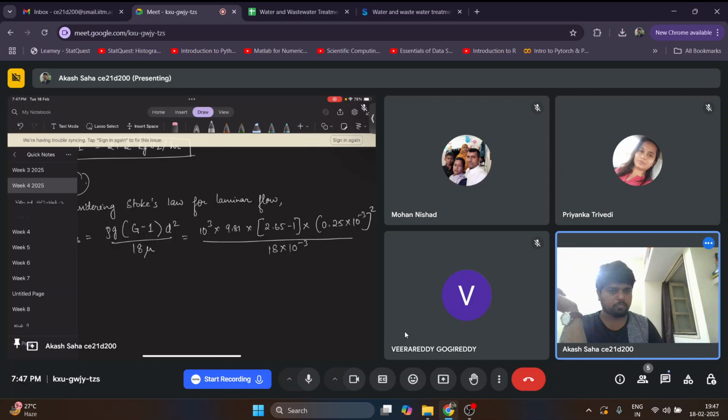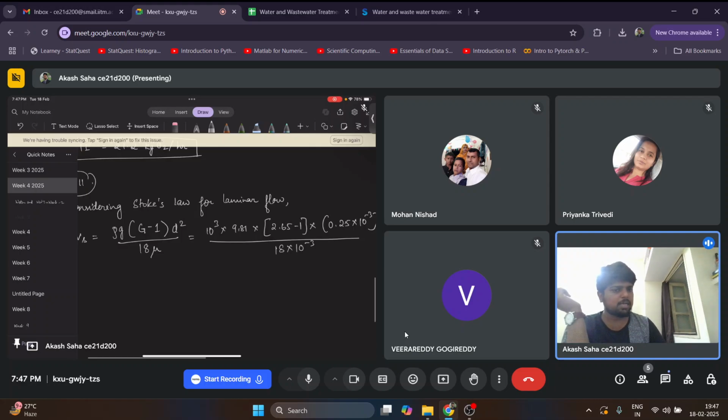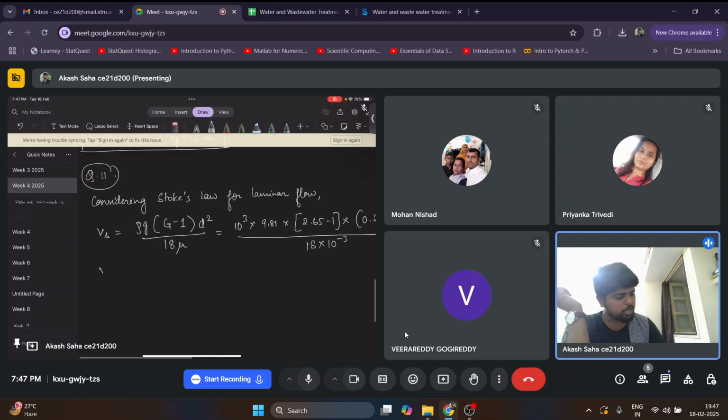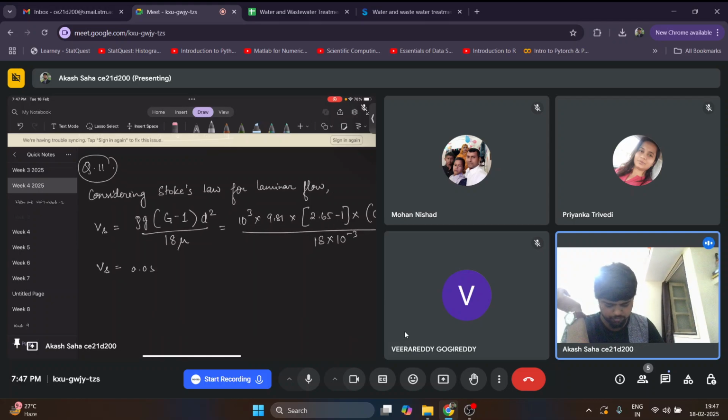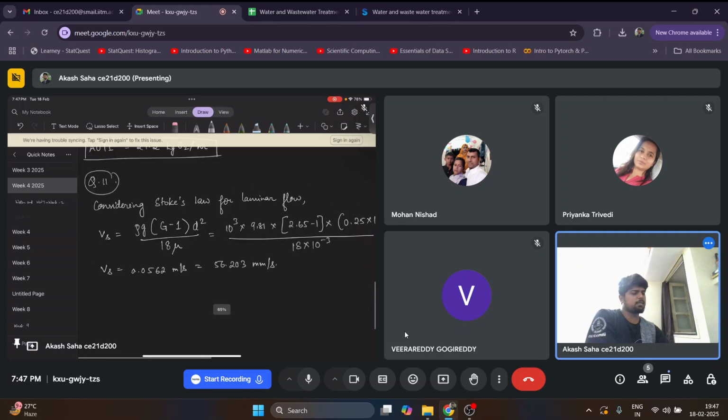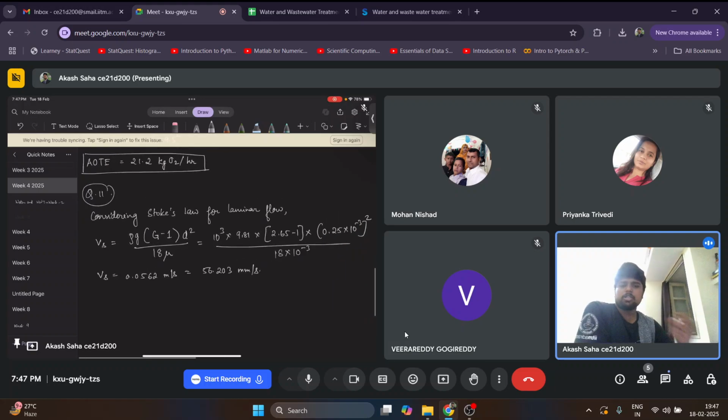This is how we have to put the formula. Now the settling velocity that we will get is 0.0562 meter per second, or 56.203 mm per second.